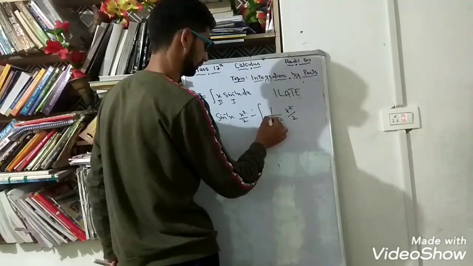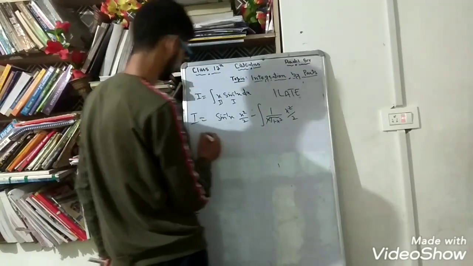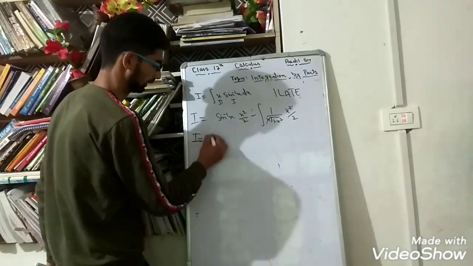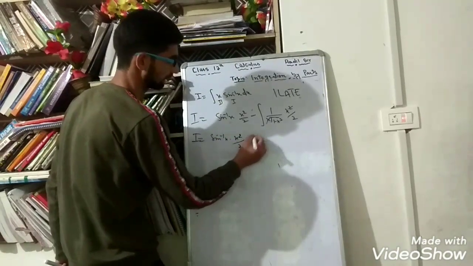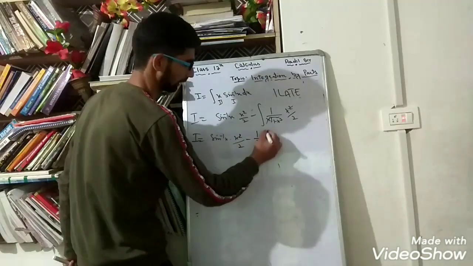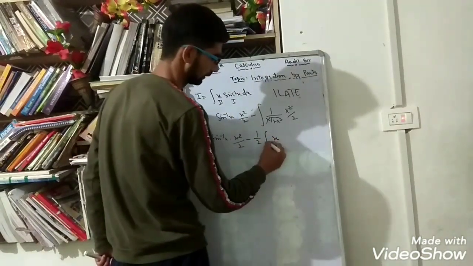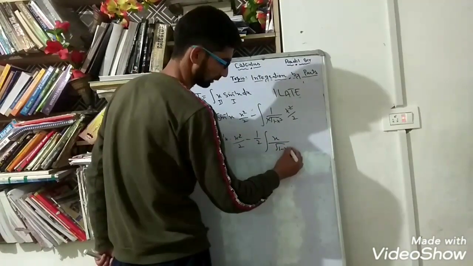The 2 and the square get cancelled. You will get I is equal to sine inverse x into x squared divided by 2 minus 1 divided by 2 integral of x squared divided by under root of 1 minus x squared dx.